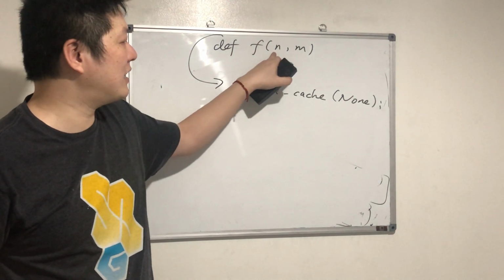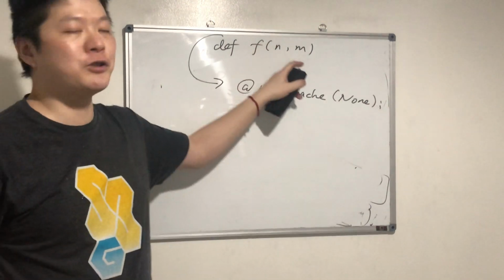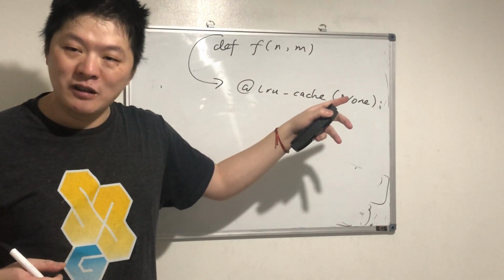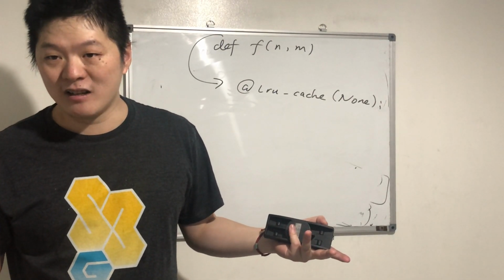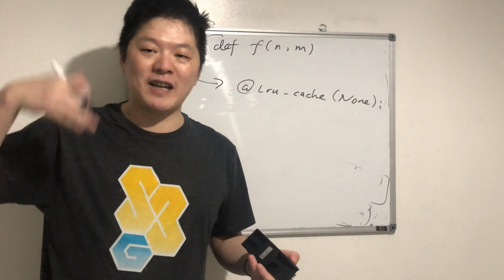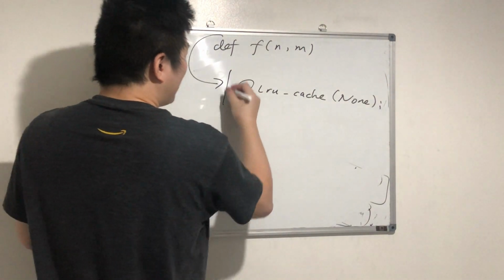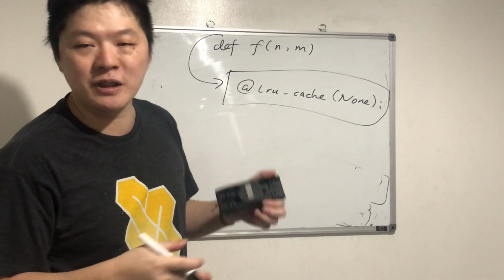So if I see this parameter n and m, if you give me f22 and I have already calculated f22, then I will immediately return it without invoking the recursion again and again. Got it? So this is the magic keyword to save you from implementing the notebook.